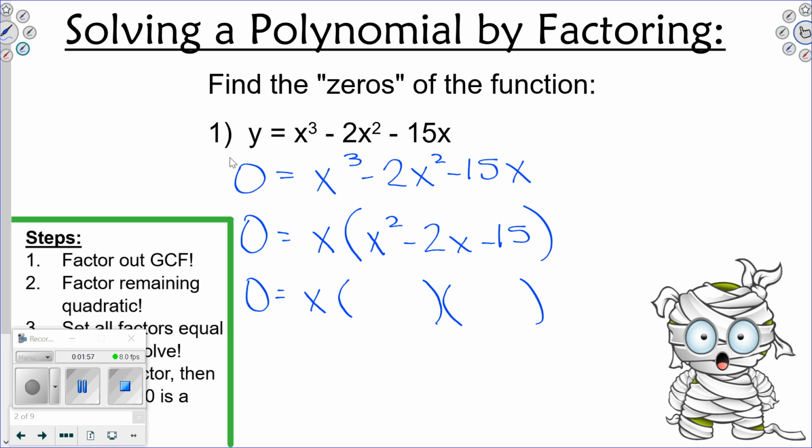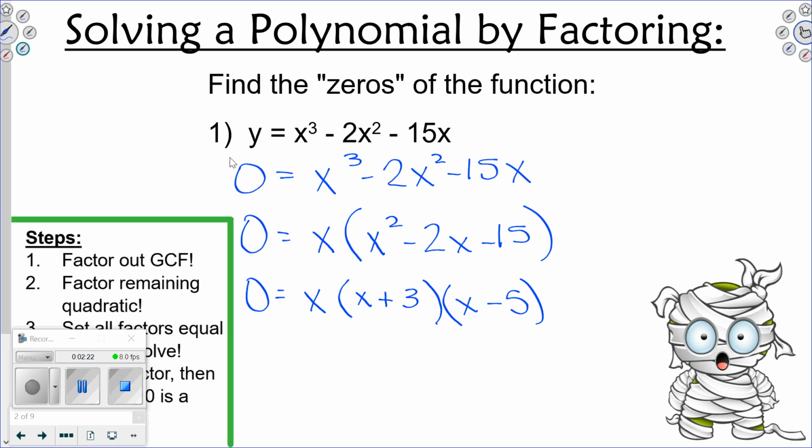Last one's negative, so what are your signs? Plus and minus, good. Options for A, 1 and 1, so just 1x, 1x. And then for 15, 1 and 15, or 3 and 5? 3 and 5, which one should be negative? Good.